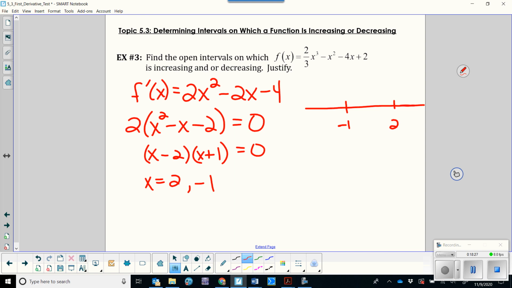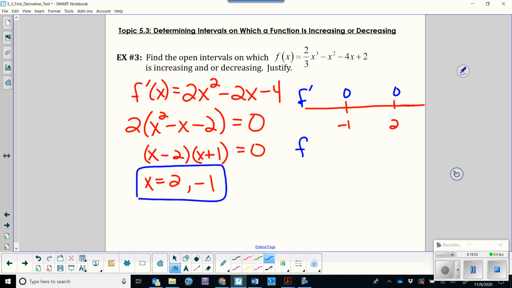Now, I like to write above it that it's 0 here and 0 there, because up here, you're going to write what f prime is doing, and then below it, you're going to write what that means for f. So the sign chart, we know that f prime is 0 at -1 and 2. We literally just found it.